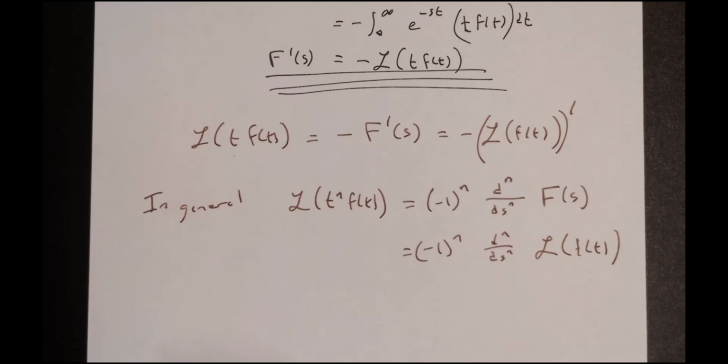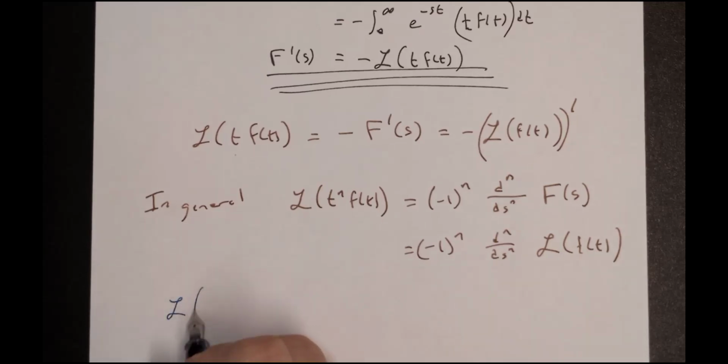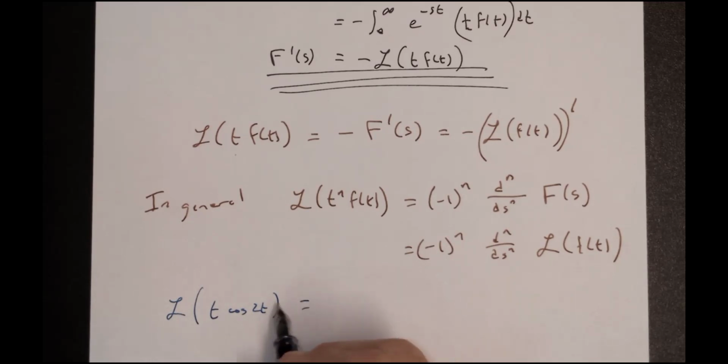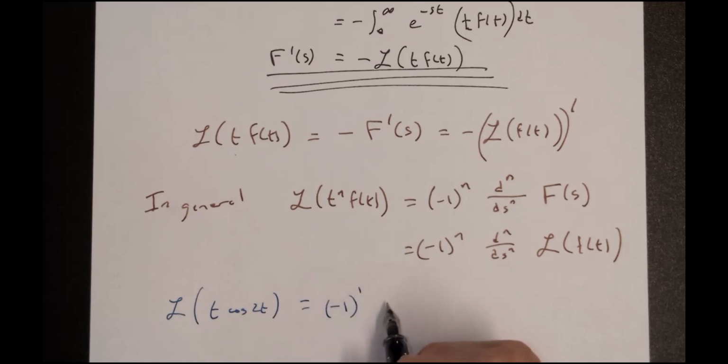If I have the function t cosine 2t, and I want the Laplace transform of that, that extra t in there tells me to use this rule. So I say to myself, the correct answer for this Laplace transform is minus 1 to the first times the first derivative of the Laplace transform of cosine of 2t.